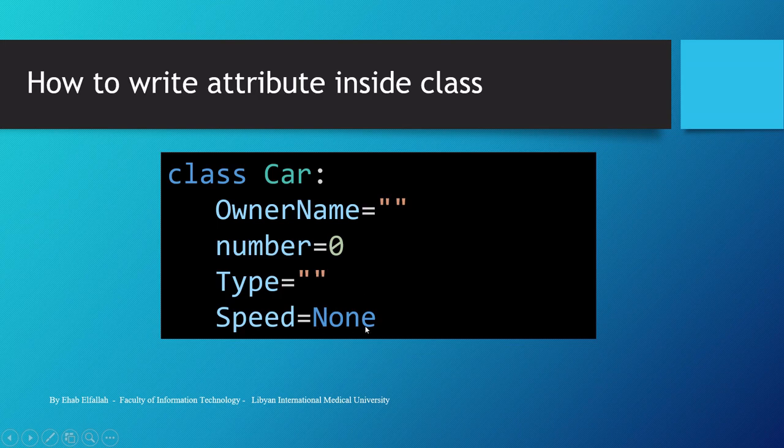This means that the variable can accept any type of information, whether integer, float, or string. Like this, we define attributes in the body of the class. So we have a class car, and inside the body of the class, we define the attributes that we want to use inside that class.